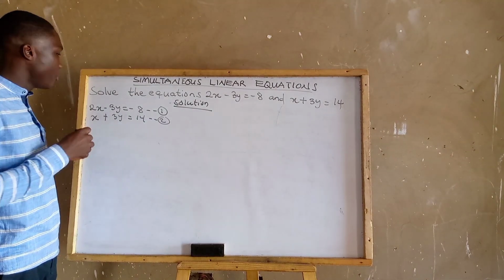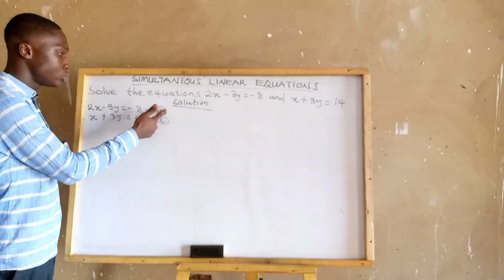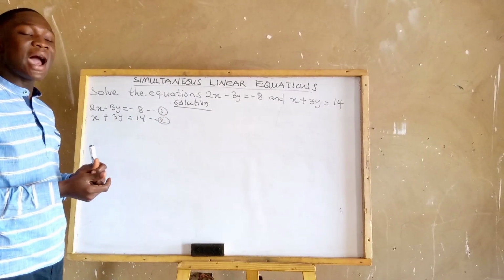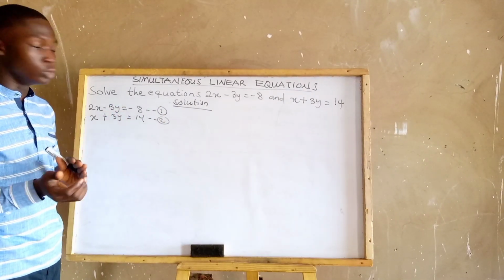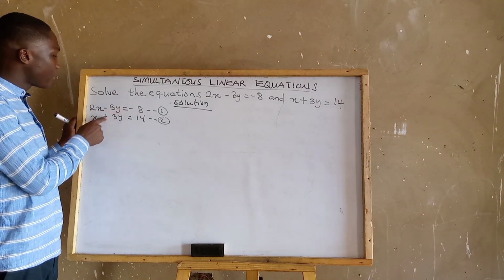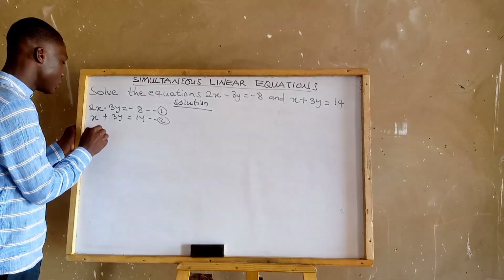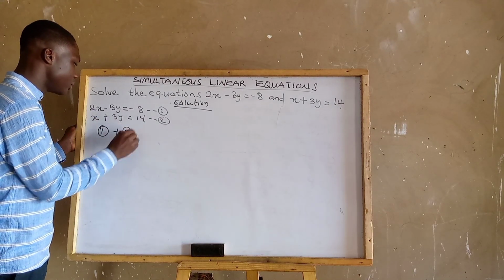So how can we eliminate y? By adding equation 1 to equation 2. If we add equation 1 to equation 2, y will be eliminated because negative 3y plus 3y will give us 0. So now equation 1 plus equation 2.